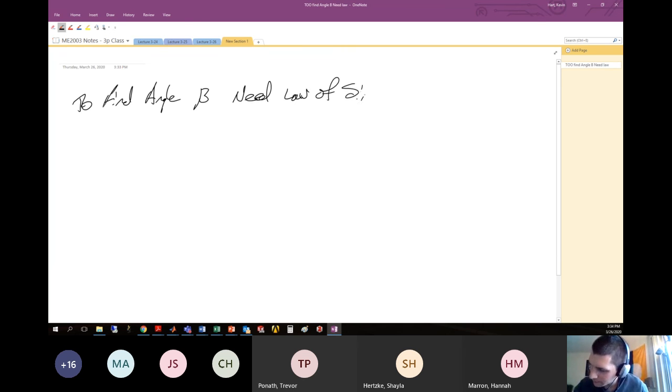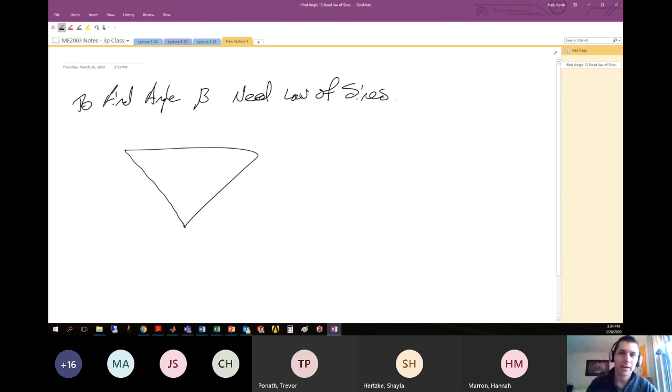A reminder about the law of sines: if you have some general triangle that looks like this, let's label the side lengths capital A, capital B, and capital C, and the angles opposite them little a, little b, and little c.